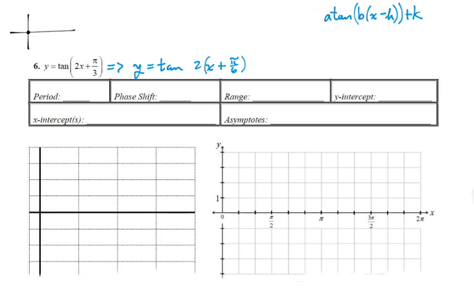Now, I want to think about tangent and how it looks on a graph that goes from 0 to 2 pi. When we do that, there are 2 asymptotes because tangent is undefined at 2 different points on the unit circle. If you think about it, tangent is y divided by x. Here, let me write that down.